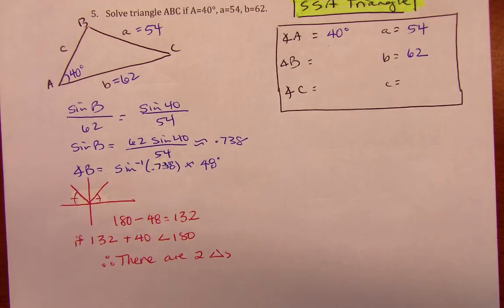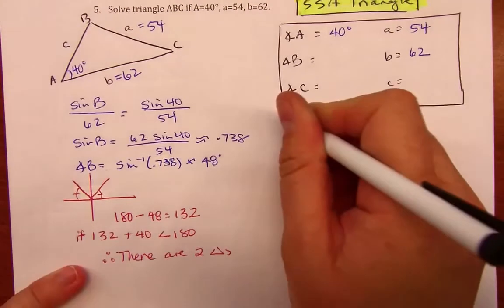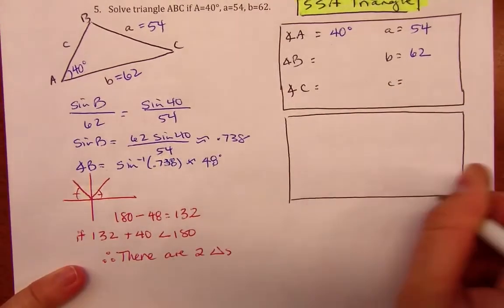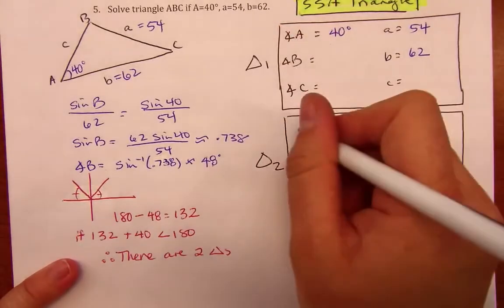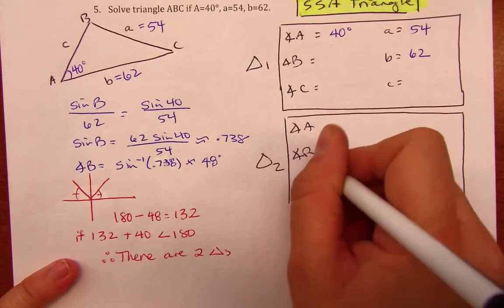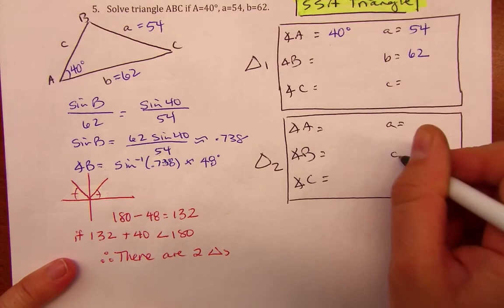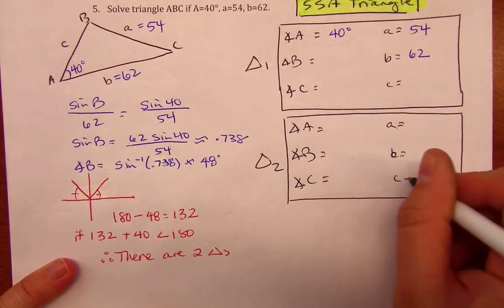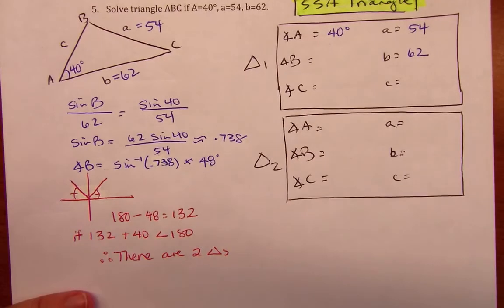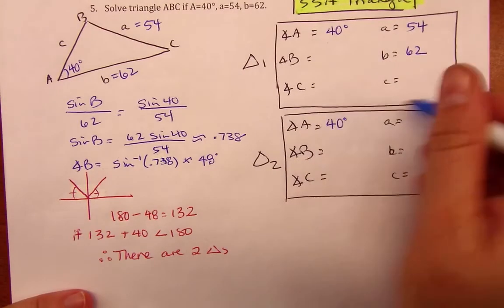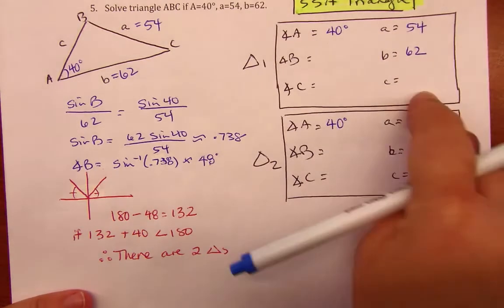Okay, so we need to set up a box for another triangle. So this is triangle 1 and triangle 2. So angle A, angle B, angle C, side A, side B, and side C. Okay. So for the given information, it's all going to be the same, but the rest of this will be different.